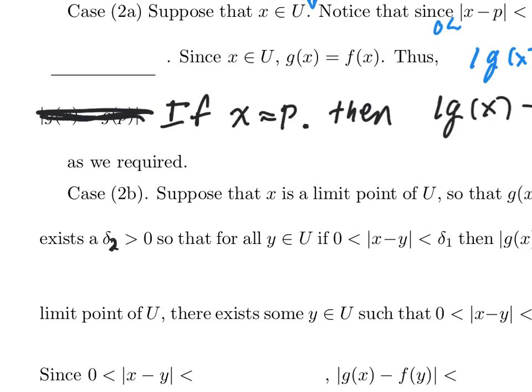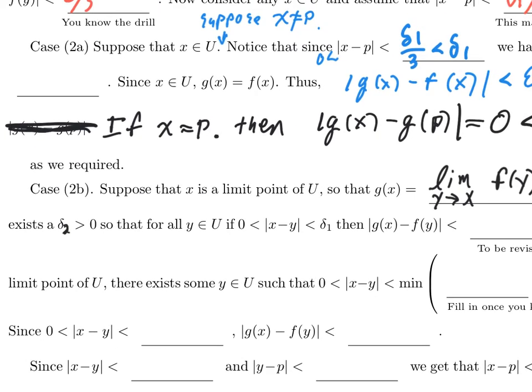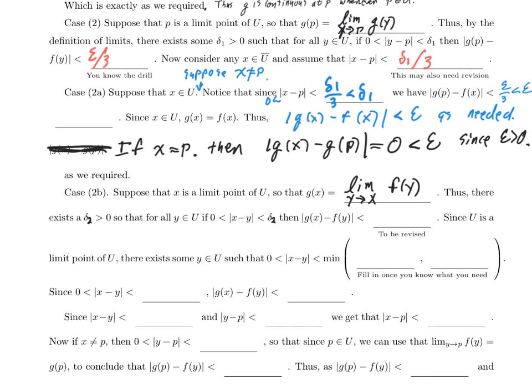It can't be the same as delta 1, because delta 1 came from this limiting statement at p, not at x, such that if 0 is less than the absolute value of x minus y is less than delta 2, then the absolute value of g of x minus f of y is less than an arbitrarily small thing, but according to the scratch walk off to the side, apparently we wanted to divide things by 3.